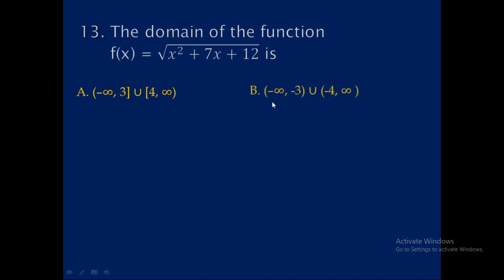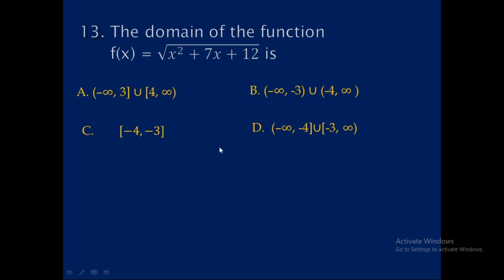Option B: open interval minus infinity to minus 3 union open interval minus 4 to infinity. Option C: the closed interval minus 4 to minus 3. And option D: semi-closed interval minus infinity to minus 4 union semi-open interval minus 3 to infinity.